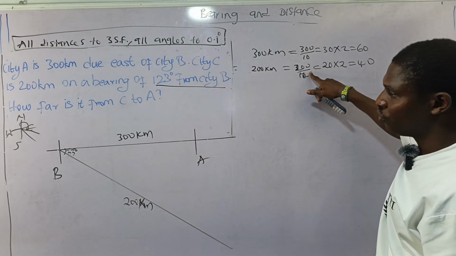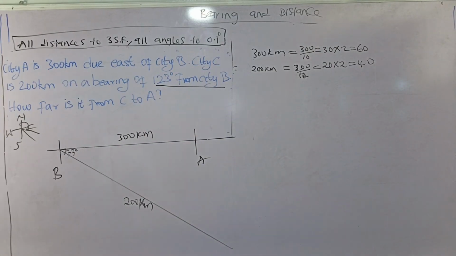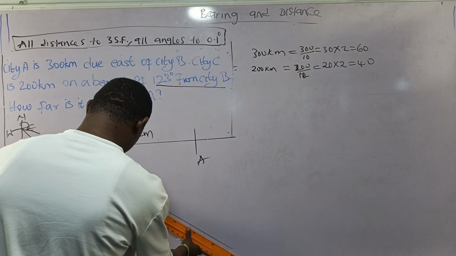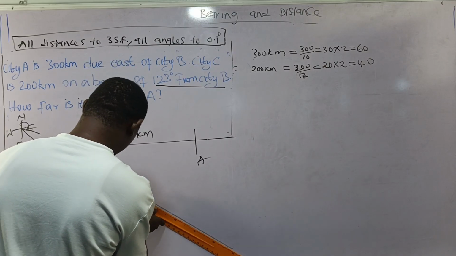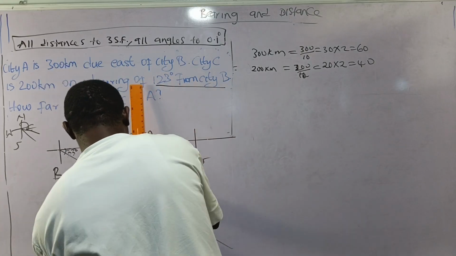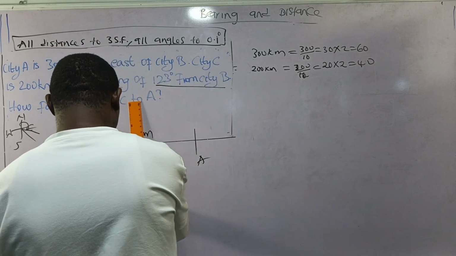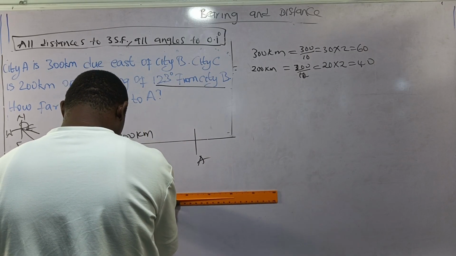So if this is 200 kilometers, I have to get it from this, which is 40 by my conversion. So here's my 40. You see the essence of using a ruler. Without using the right scale, you won't really get what you are doing rightly. You won't have true information about the diagram. Take notes.